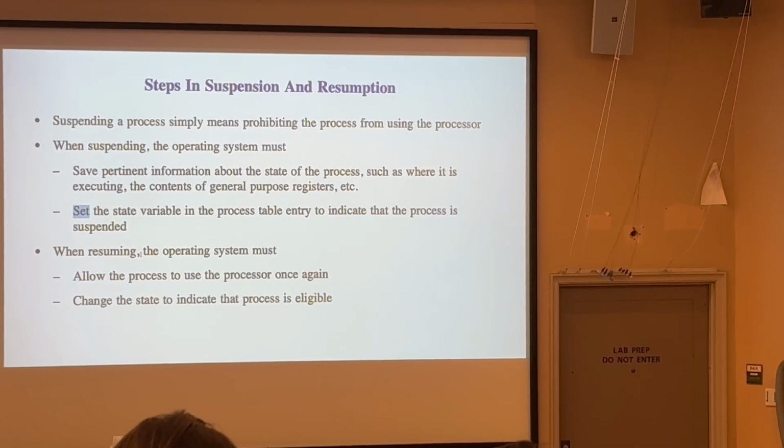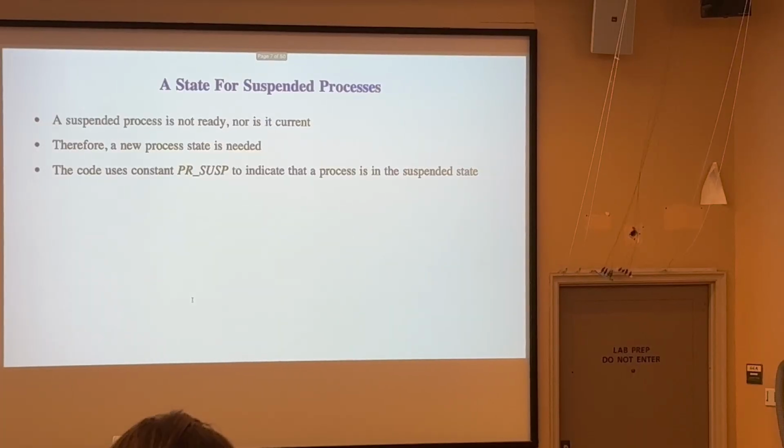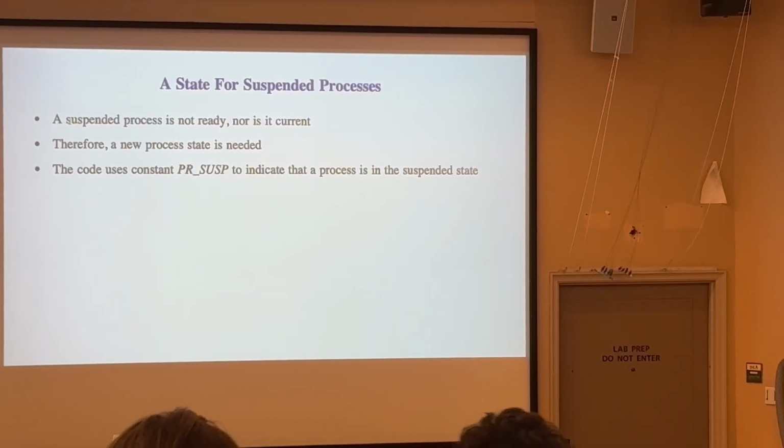When resuming, the OS must allow the process to use the processor once again and change the state to indicate the process is eligible. Usually, you change it to ready. Here again, the suspended state is not ready, nor is it current. Current means that it's using the CPU.